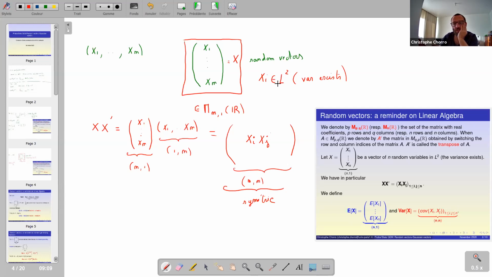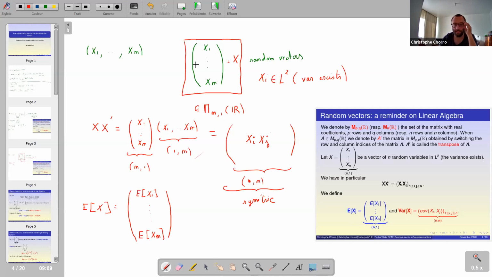For its expectation, it's natural: the expectation of X will be a column vector with inside the expectation of each random variable that composes the column vector.